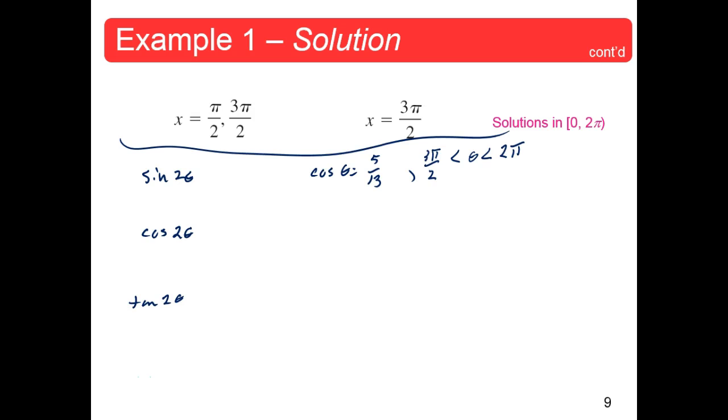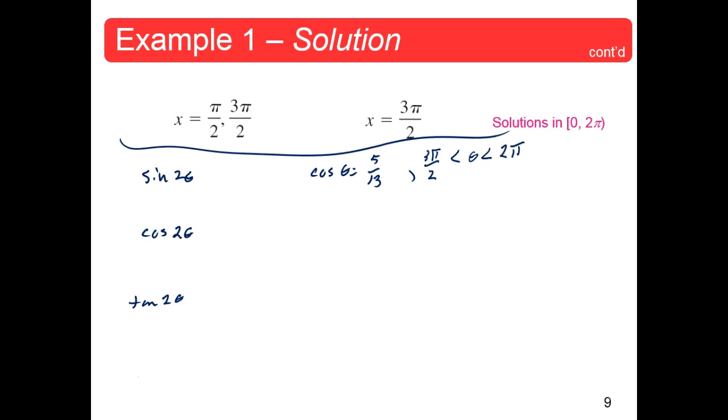Now, what do those conditions tell you? Cosine theta equals 5/13 gives you something about the angle, but where does it put you? Either in the first quadrant or the fourth quadrant, because cosine is positive in the first and fourth.